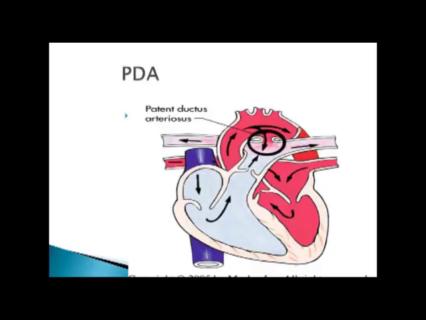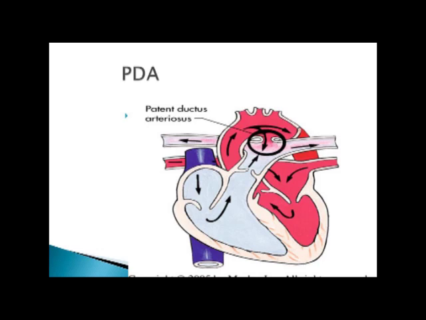The next acyanotic congenital heart defect is called the PDA. And so usually the PDA is part of fetal circulation, and you'll learn that in your maternity class.